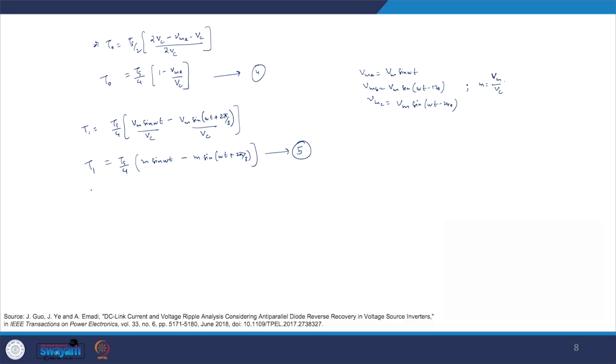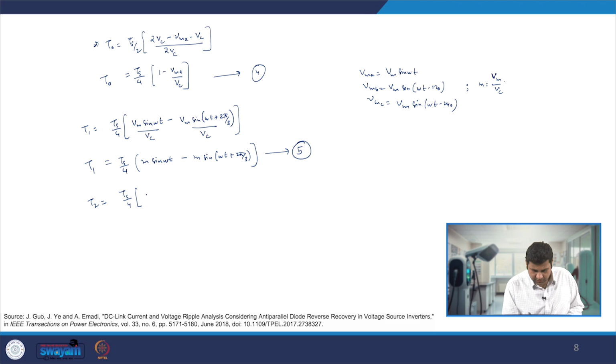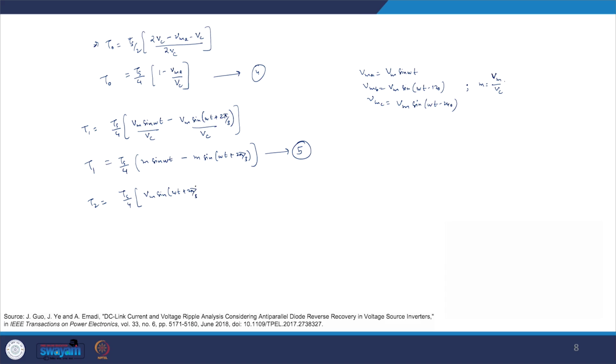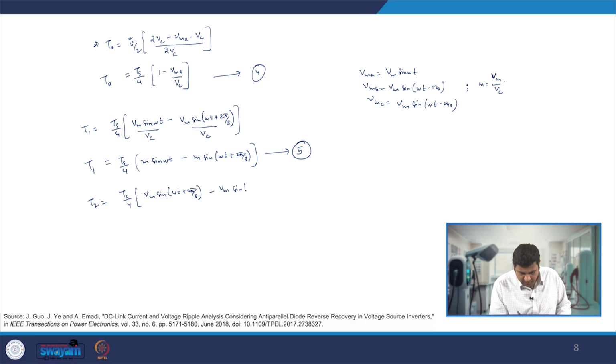Similarly, we can write down T2 as Ts by 4, and it is Vmc. So it is Vm sin omega t plus 2 pi by 3 minus Vm sin omega t minus 2 pi by 3, and this is divided by Vc.